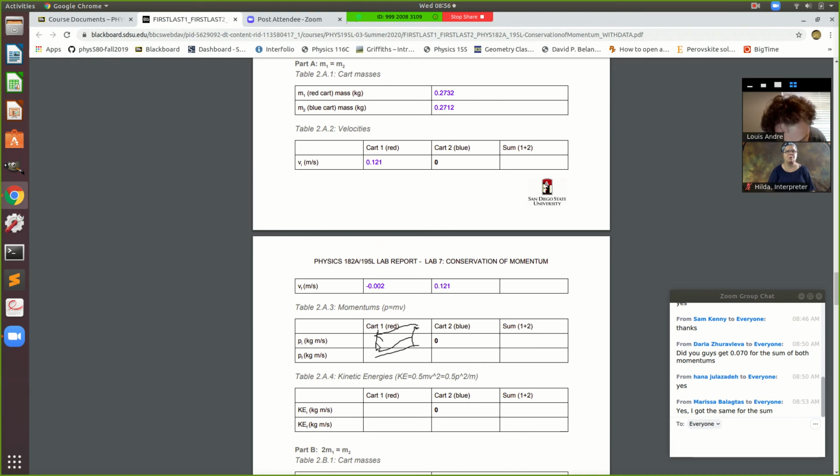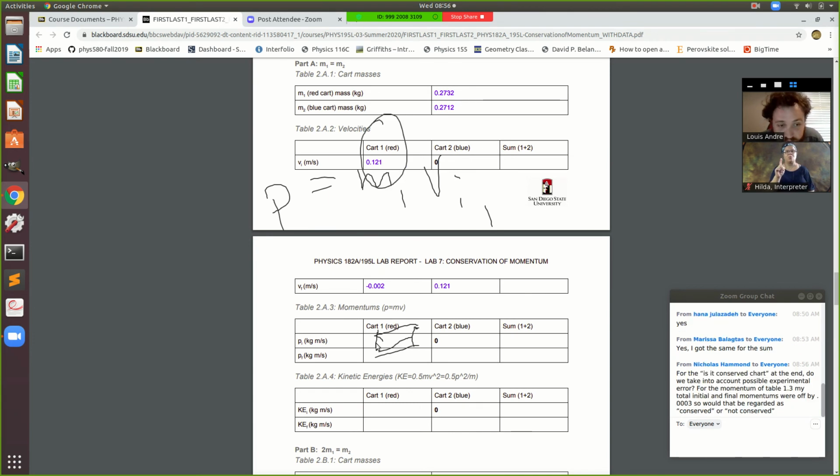Okay, cart 1, P initial, that's going to be your P equal to M1 times VI1, essentially. VI1 is cart 1's initial velocity, so it's 0.121.